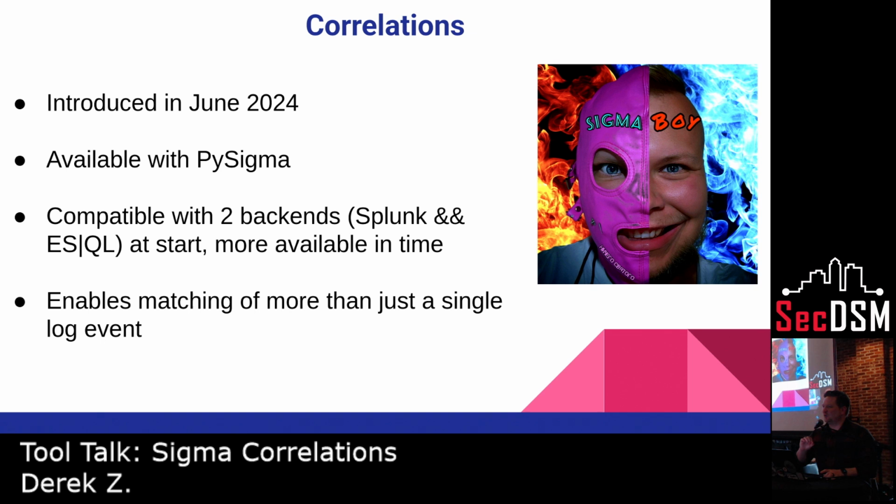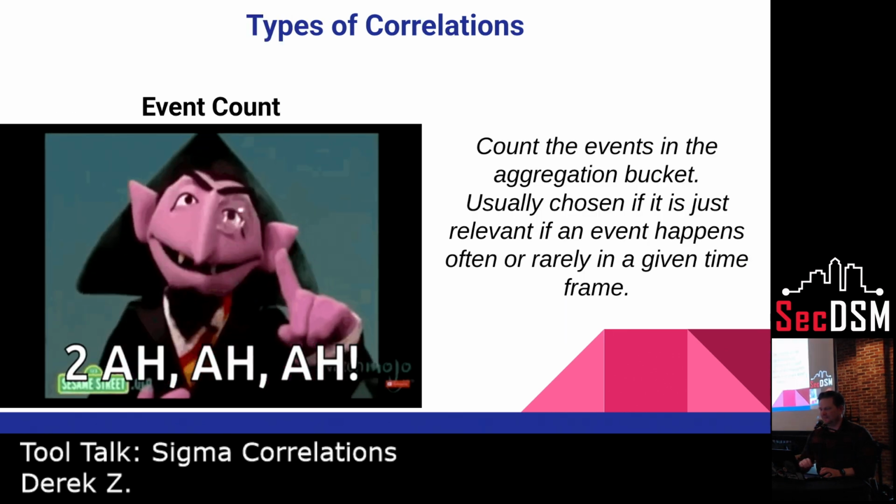I don't remember what all the new ones are; we can do that in a little bit. I did set up a live demo about 30 minutes ago, so we'll see how well that works. But the general idea of correlations is you have a single query that you want to look for multiple times. You want multiple results instead of just looking at one query at a time.